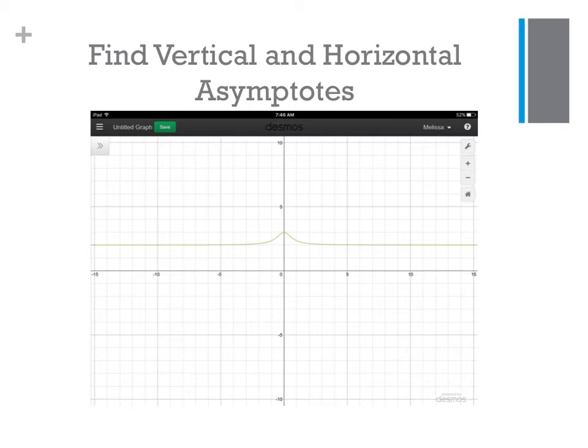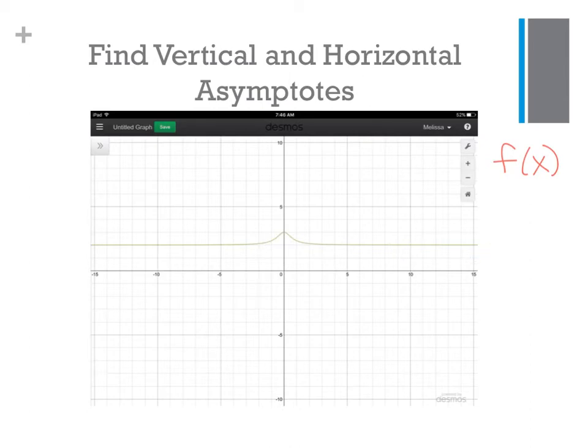Alright, so here is the graph of our function f of x from the previous slide. And what we want to look at here is the fact that we stated that the domain was all real numbers. Now, if you look at the graph of this function, you can see that if I trace it from left to right, it is continuous. There's no gaps or breaks in our graph.